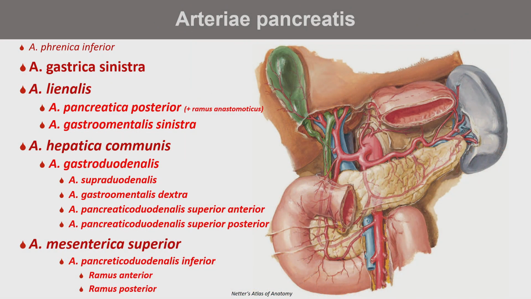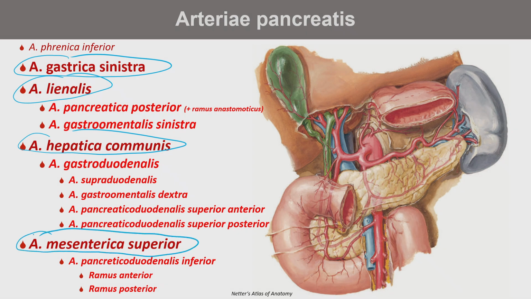The pancreas has a very complicated arterial supply. It is important to understand that the pancreas has some supply from the left gastric artery, the lienal or splenic artery, the common hepatic artery, and also the superior mesenteric artery.